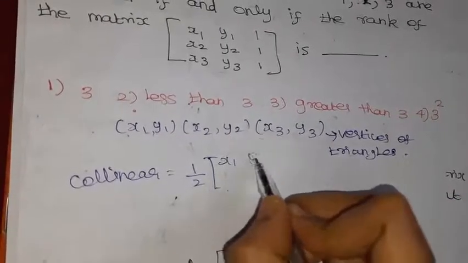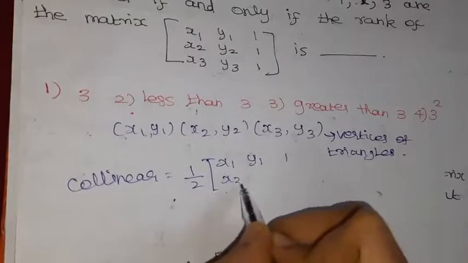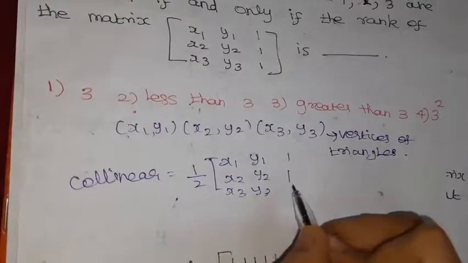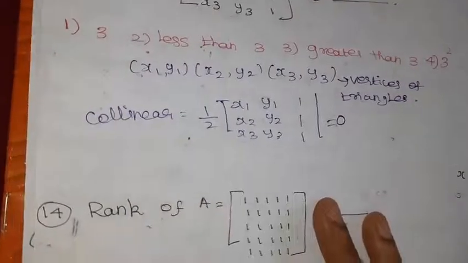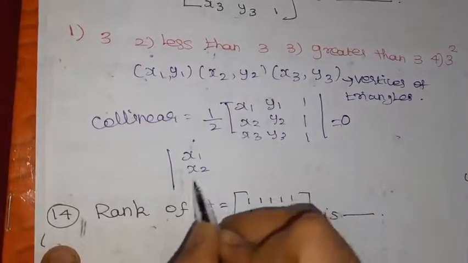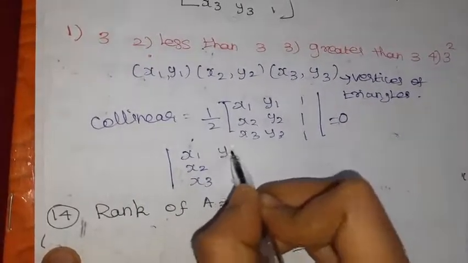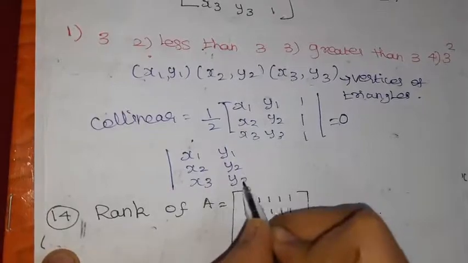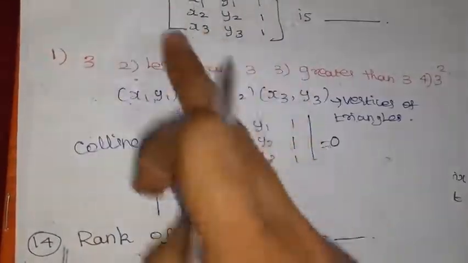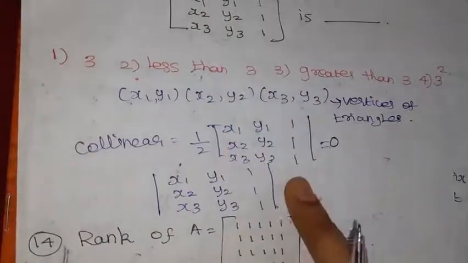So the determinant of x1 y1 1, x2 y2 1, x3 y3 1 equals 0. The half should not be equal to 0. Obviously this determinant value equals 0. If collinear, the area should be 0, that is, area equals half into this determinant equals 0.